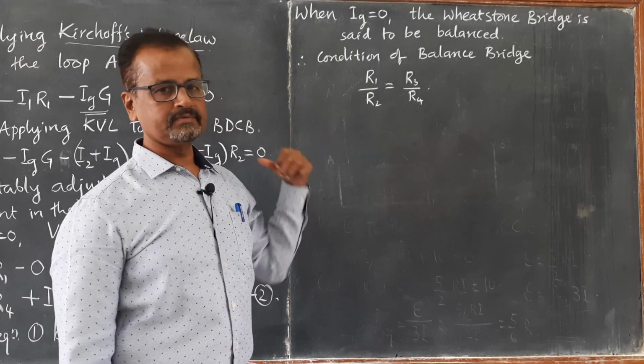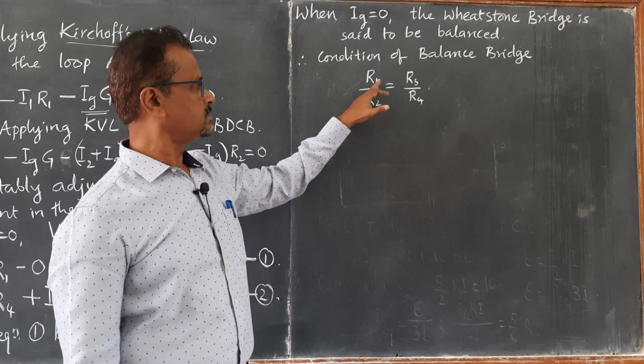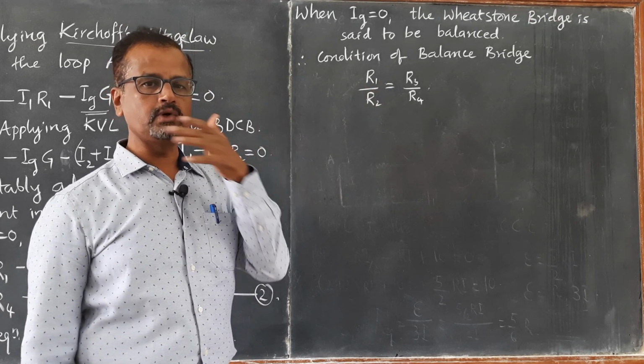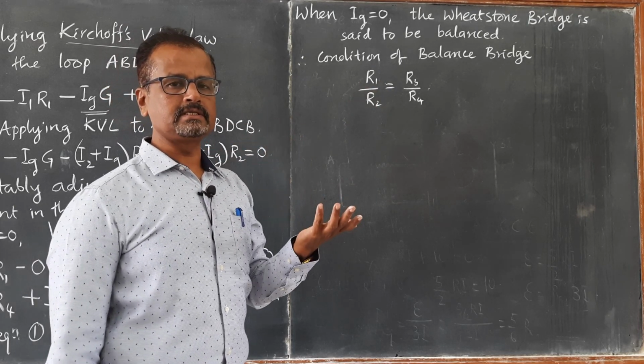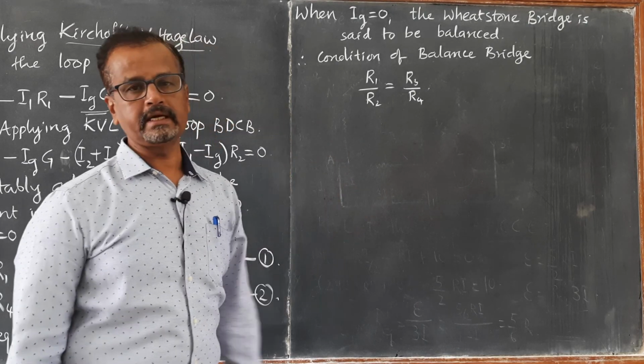What is the importance of this? If we know three resistances of the resistors in the ratio arm, then the resistance of the fourth resistor can be very easily calculated.